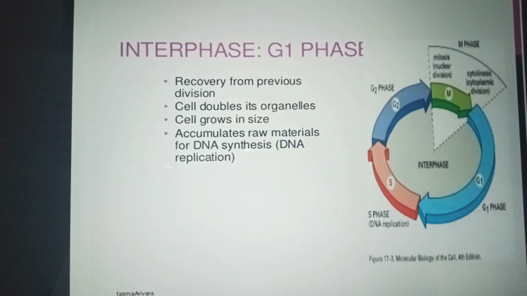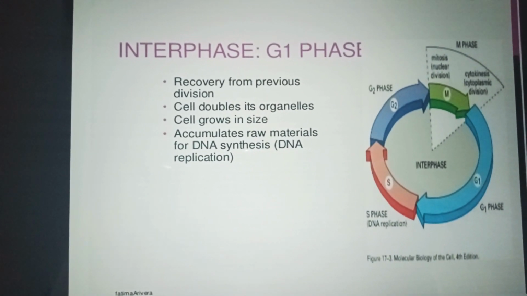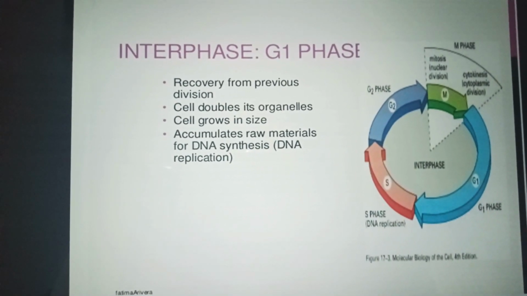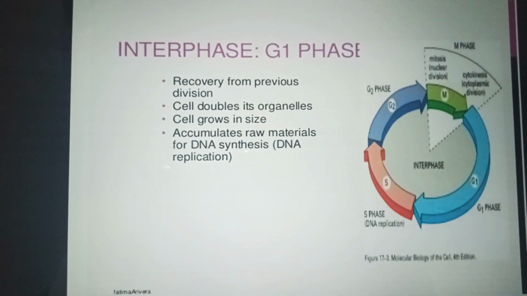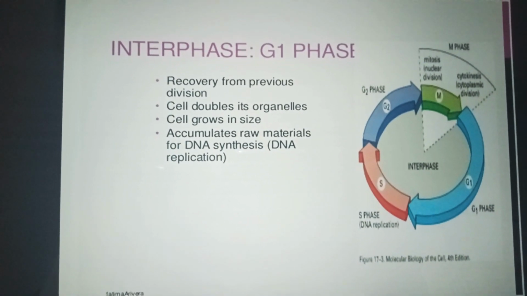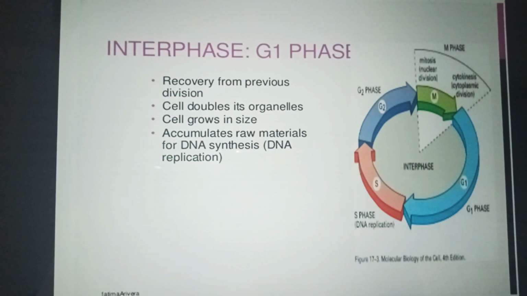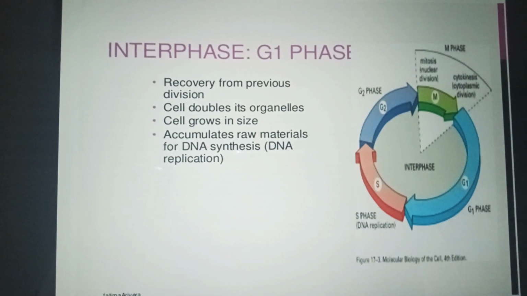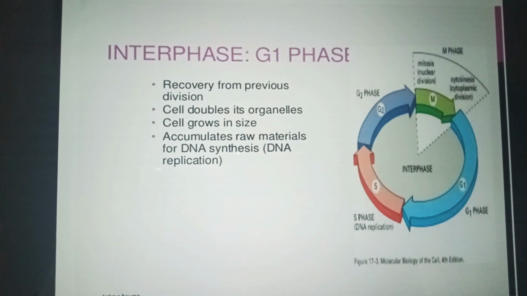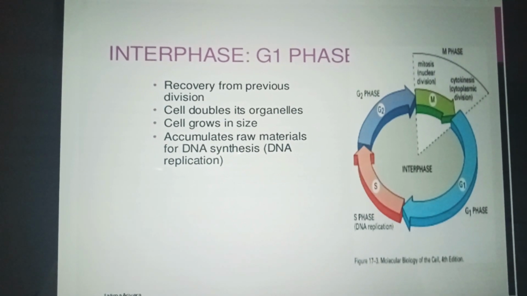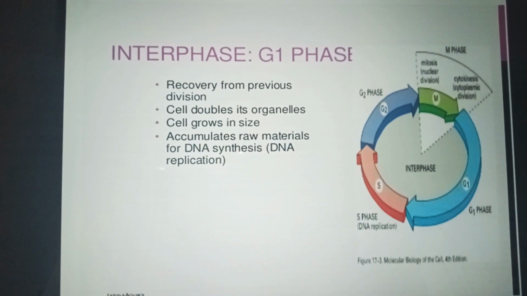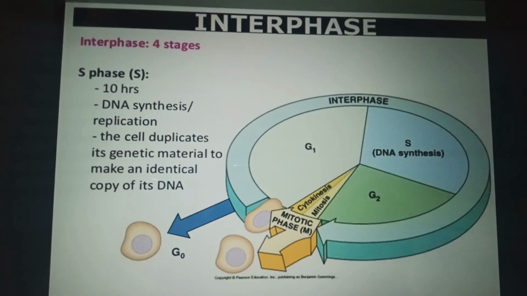This phase is also marked by the synthesis of various enzymes that are required in the next phase, that is S phase, for the duplication of chromosomes. So G1 phase is the recovery from the previous division. The cell doubles its organelles, grows in size, and accumulates raw materials for DNA synthesis, that is DNA replication.